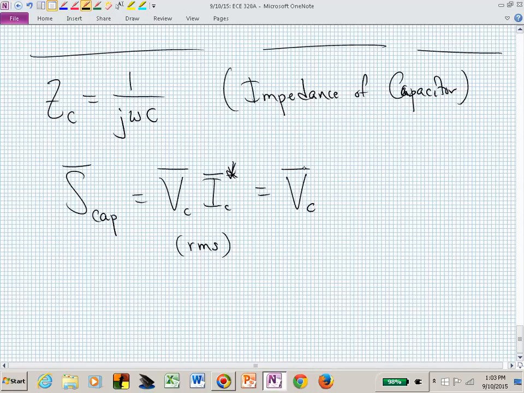Now how do I write the current? This is Ohm's law generalized to complex quantities or phasors. Current is now just V sub C over Z sub C, and I need to conjugate that expression.